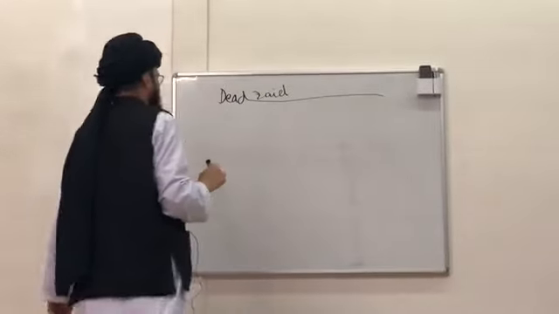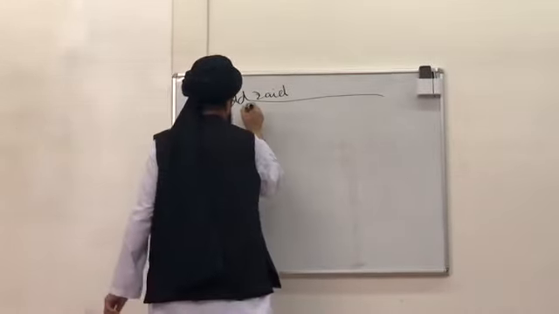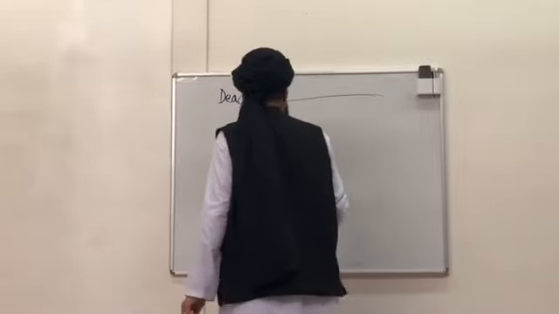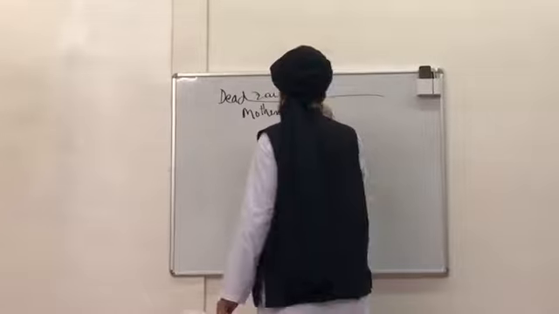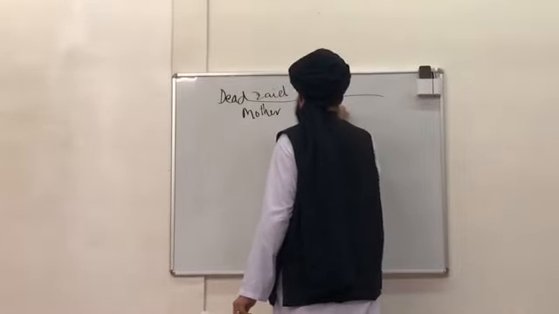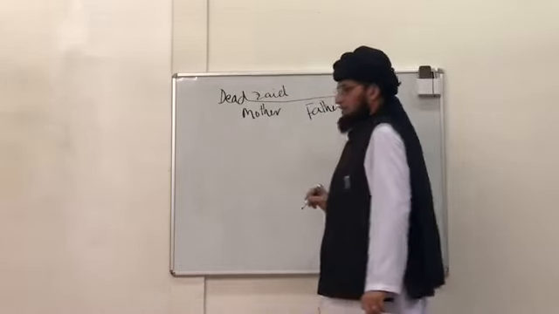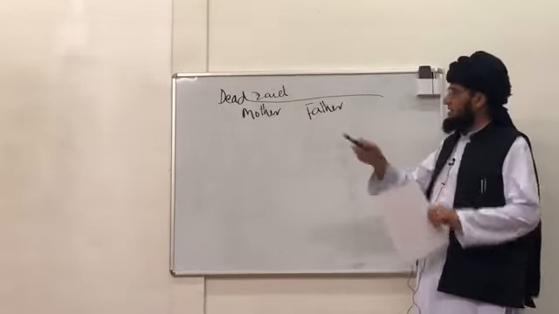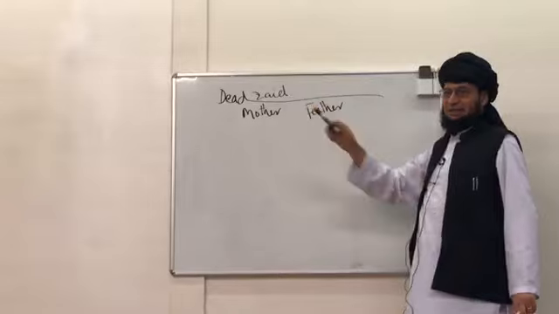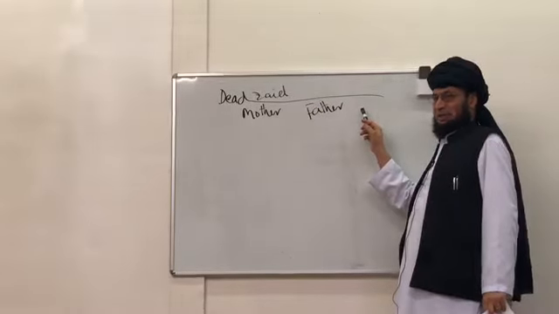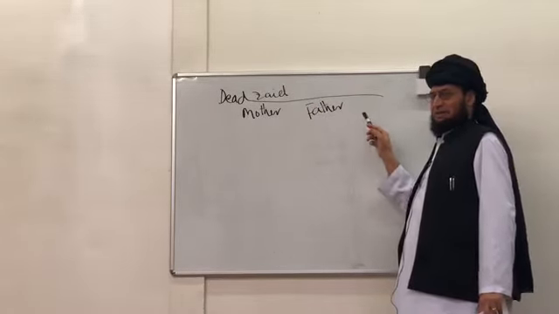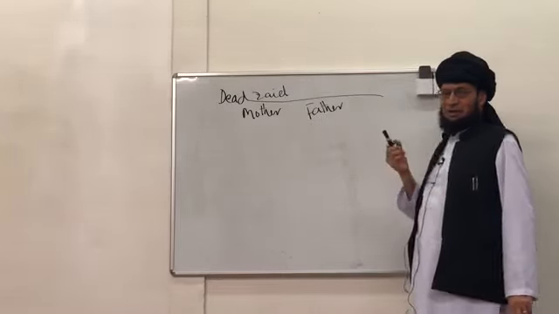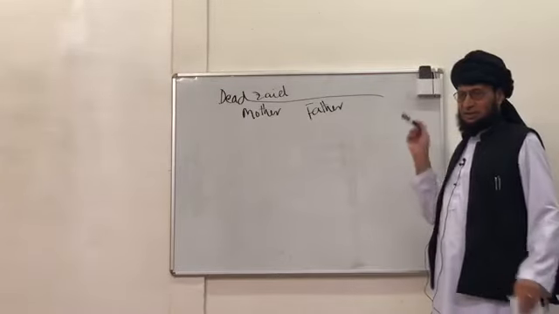So Zayd passed away and he left his mother and his father. Here, in this case, the deceased, Zayd, has neither a son, nor a daughter, nor a granddaughter or grandson, nor more than one brother or sister.